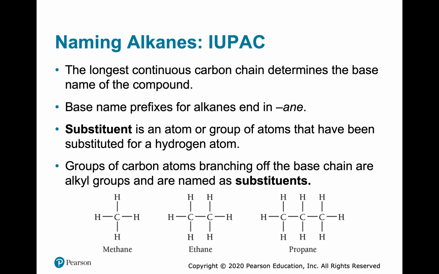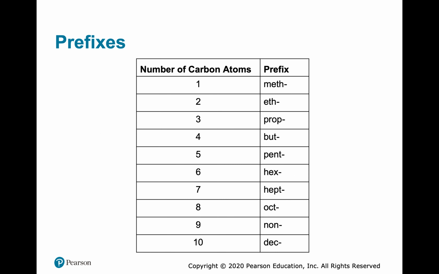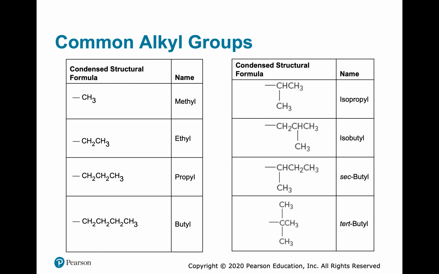But as you get longer, you can start getting branches. And the prefixes, I mentioned these before. And here are alkyl groups. So the alkane, they just have the YL at the end with the number.